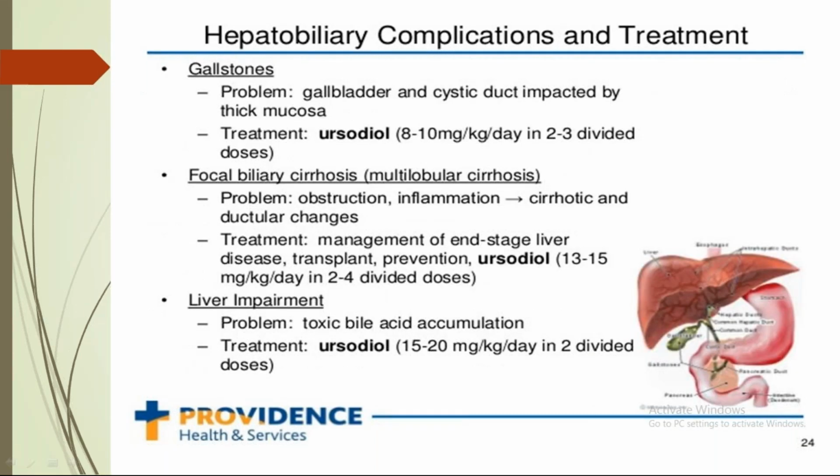Coming to the hepatobiliary complications like gallstones, we'll go for cholecystectomy, or we'll treat with ursodiol at 8 to 10 mg per kg per day in 2 to 3 divided doses. In patients with focal biliary cirrhosis, we'll go for management of end-stage liver disease with transplantation or ursodiol.